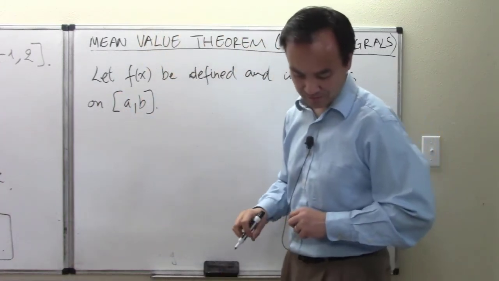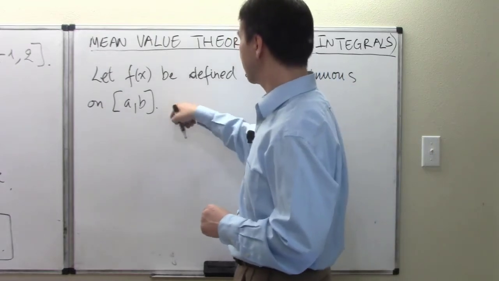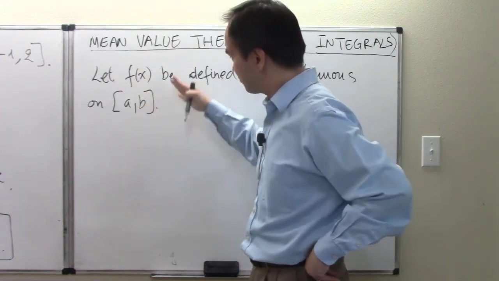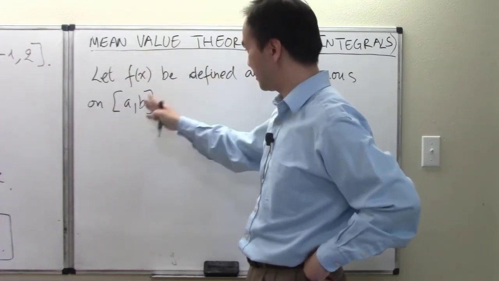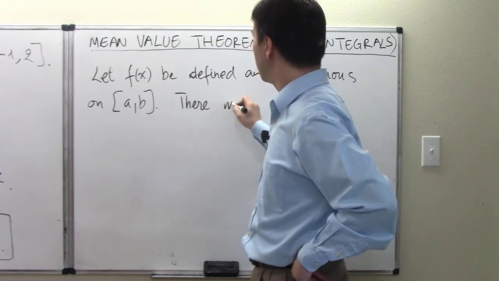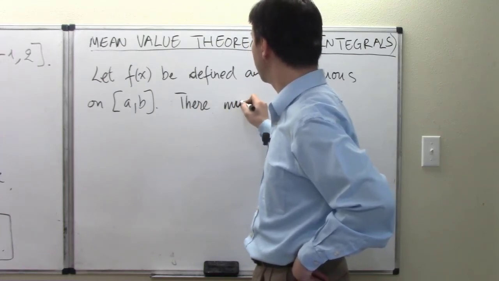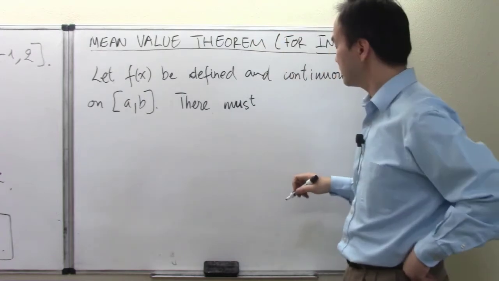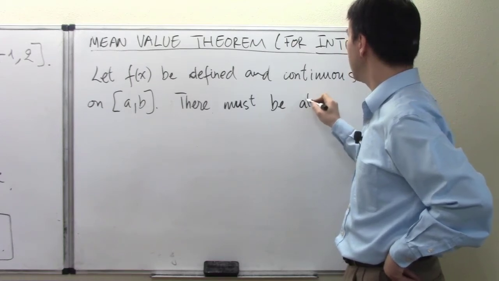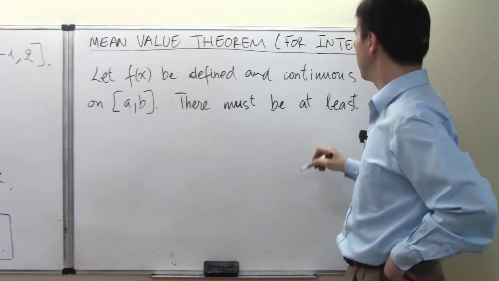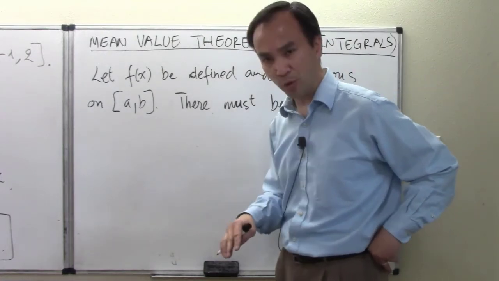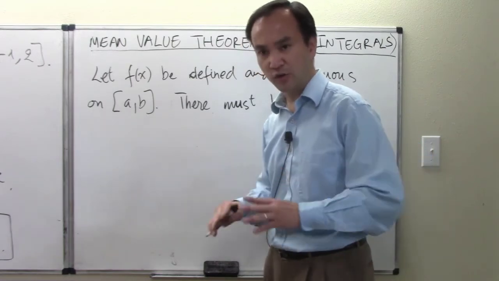Once we have that, the important statement of the mean value theorem is as follows. Once we have all the prerequisites for our function, that it has to be defined and continuous in that interval, then there must be at least, allow me to word it in my own words a little bit unlike the way it's stated too formally in many textbooks out there. But feel free to use your textbook to compare the wordings.